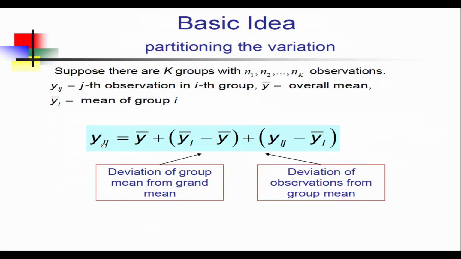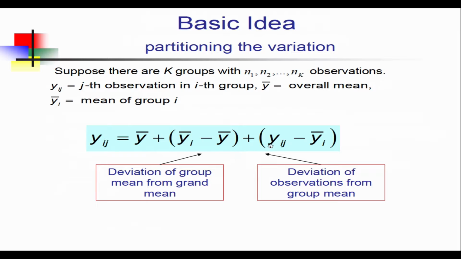Then we look at a specific observation, the jth observation in the ith group, Yij. We can rewrite Yij as this equation: Y bar, the overall mean, plus this difference, which is the group mean minus the overall mean, plus the third term, Yij minus its group mean.